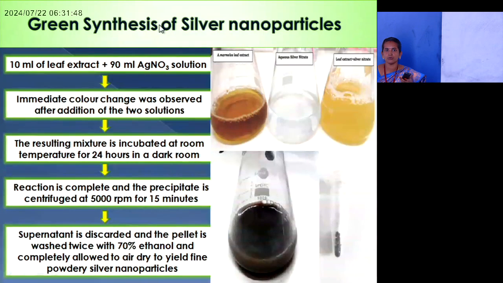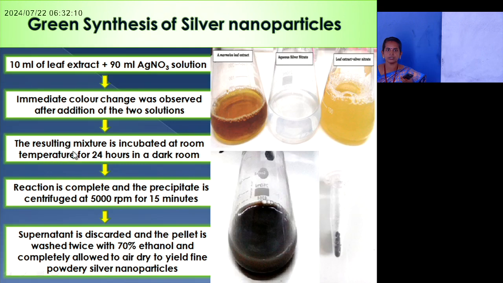Here is how we synthesize the nanoparticles using the leaf extract of Aegle marmelos. We take 10 ml of the leaf extract and 90 ml of silver nitrate solution. After mixing, an immediate color change is observed.